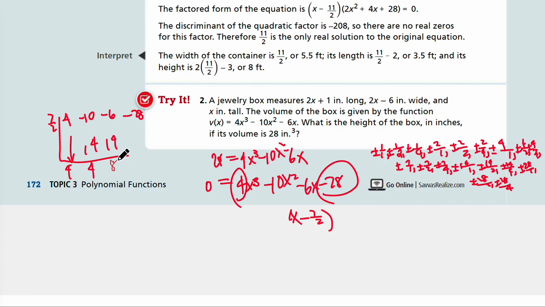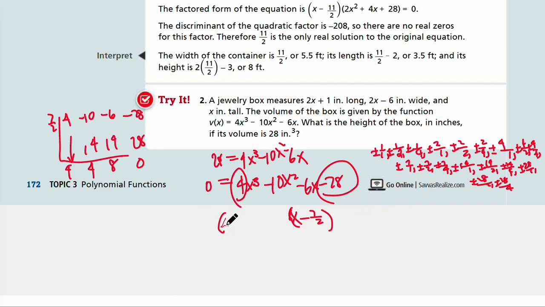And then you add again, then you multiply, and then it's 28. And then you have no remainder. Sweet. So that just means 7 over 2 is a real root. So if you find a real root, you shouldn't get a remainder. If you did get a remainder, then you need to calculate it again because maybe you made an error.